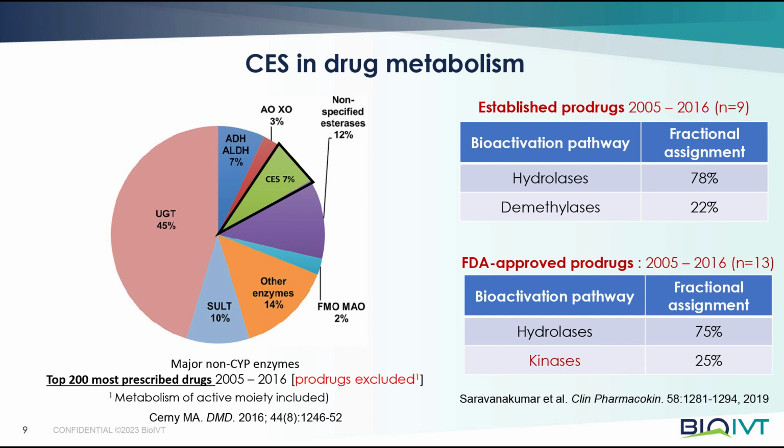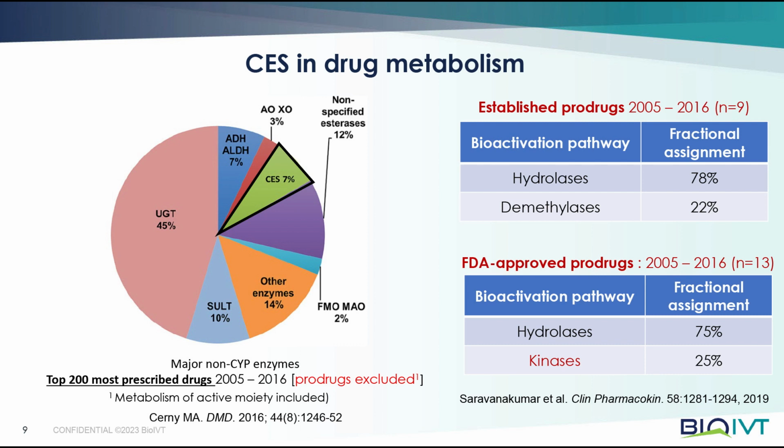You've been looking at these top 200 prescribed drugs. But if you also look at prodrugs, these are established prodrugs that have been around for a while, just lumping them into hydrolases. So again, these could be any number of hydrolases. They don't have to be serine hydrolases. Could include carboxylesterase. You see quite a few, 78%. And then demethylases, obviously that's going to be mostly P450, coming in at 22%.